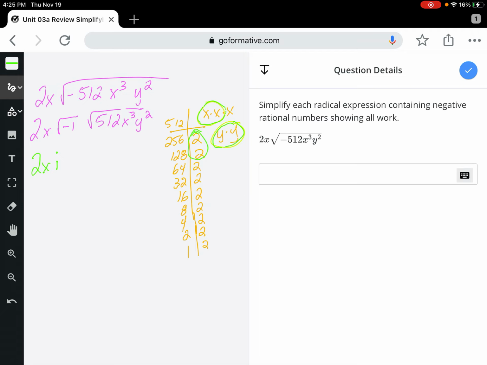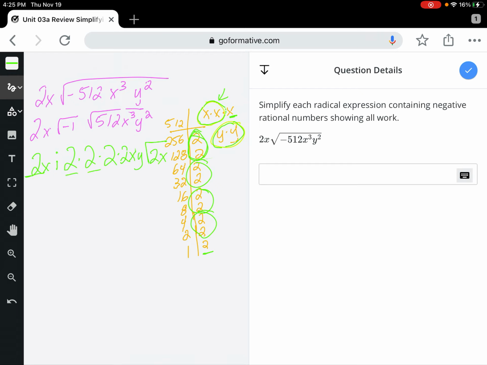I know I have my i. I have a pair of 2's here, a pair of 2's here, a pair of 2's here, a pair of 2's here. I have an x, this one right here. I have a y. What's left on the inside, I have a 2 here, and I have my x here.